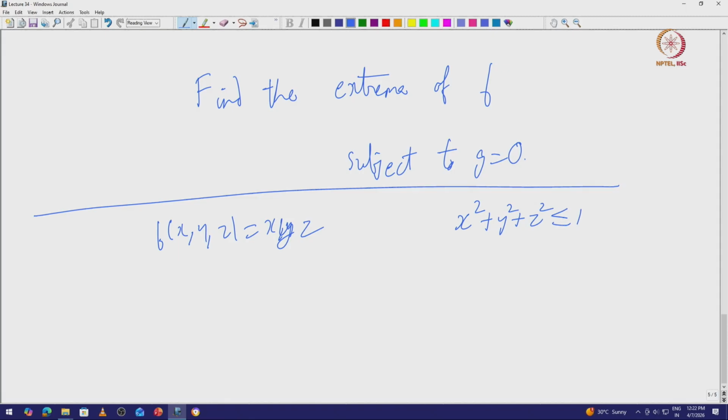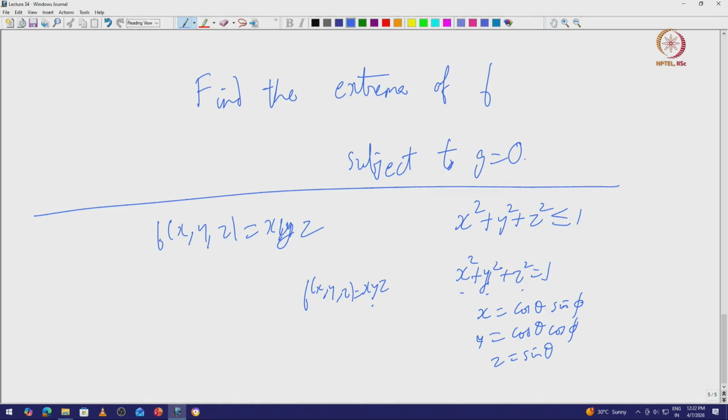Then you will first find the gradient and set it to 0, you will get some point, then you will look at the boundary. And this is a very nasty affair, right. The reason is, here you can't simply parameterize the boundary by one variable. You might have to use, for example, cos theta, sin phi, cos theta, say cos phi, and let's say sin theta or some such thing, spherical polar coordinates.